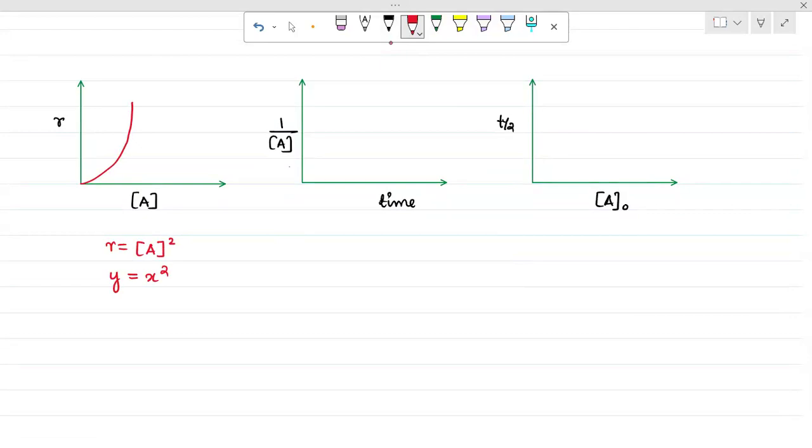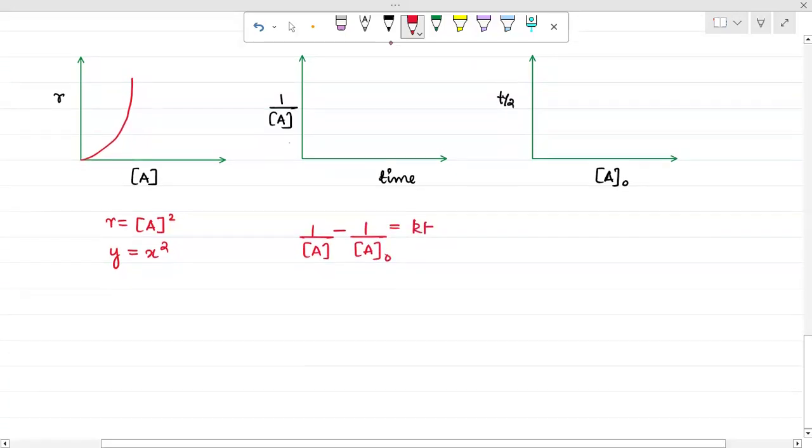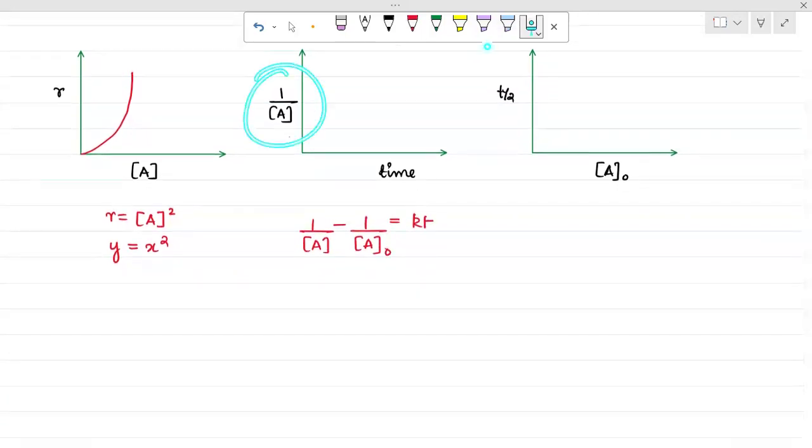Next. Which equation will you take? We know the integrated rate equation is 1 by A minus 1 by A naught is equal to KT. Now, my y term is 1 by A, which should be kept on the left, correct? So, this is going to be 1 by A is equal to 1 by A naught plus KT. This is my y term.